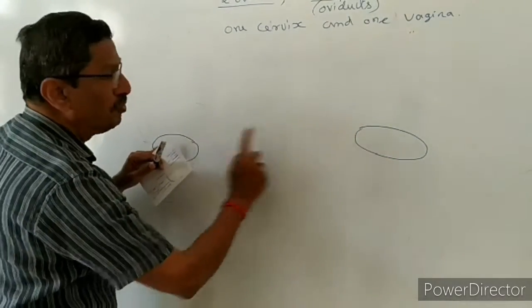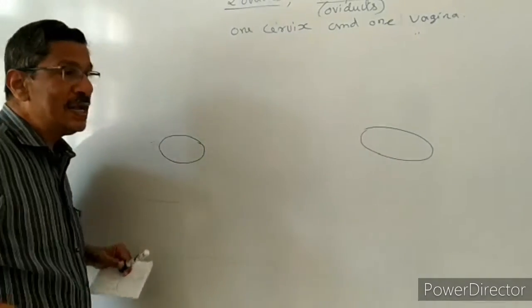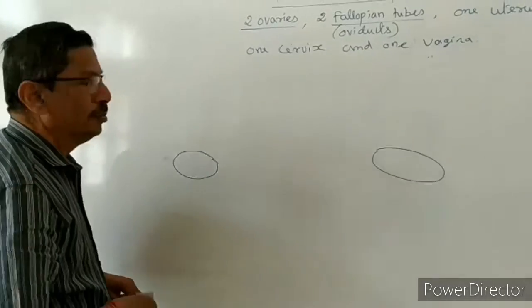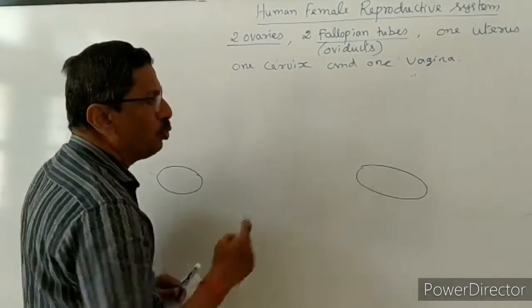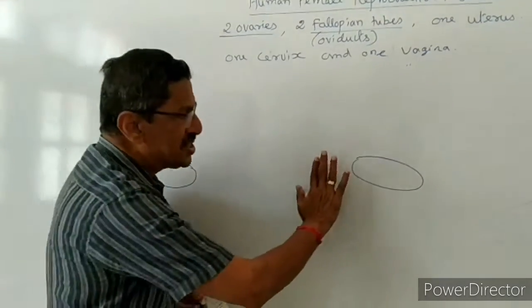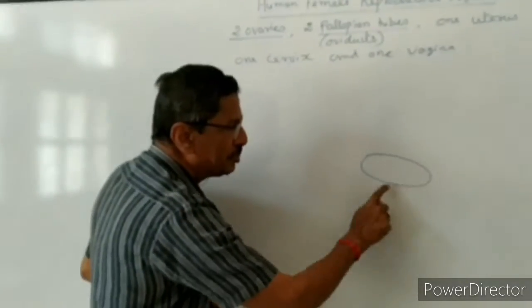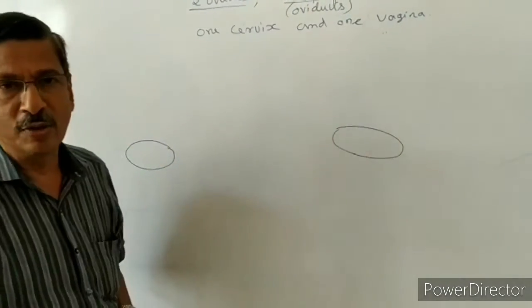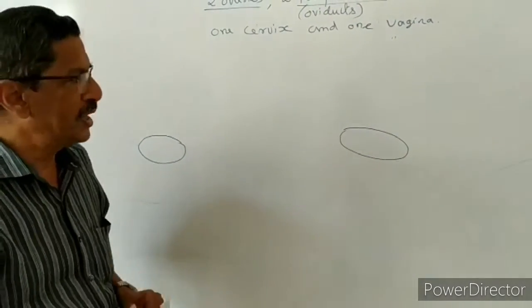These two oval-shaped ovaries are attached to the back wall of the body, the dorsal wall. Now we are going to take only one ovary first. What is the structure? Externally, it is an oval-shaped, small, tiny structure about 2 to 4 centimeters long, depending on the individual.